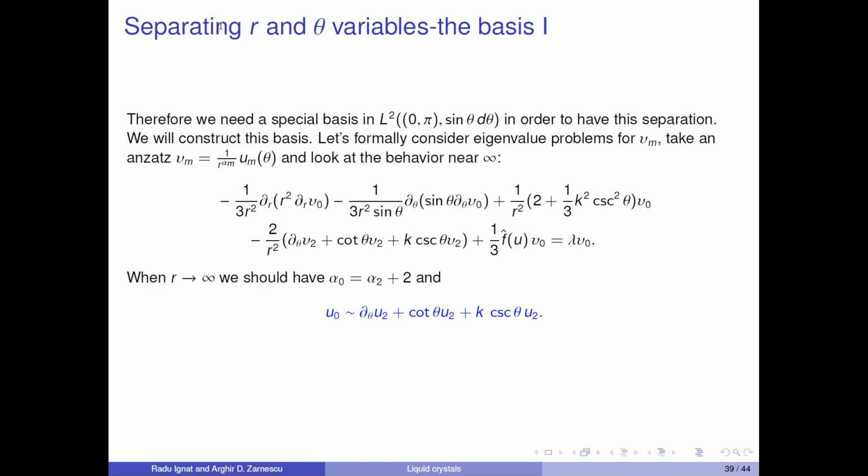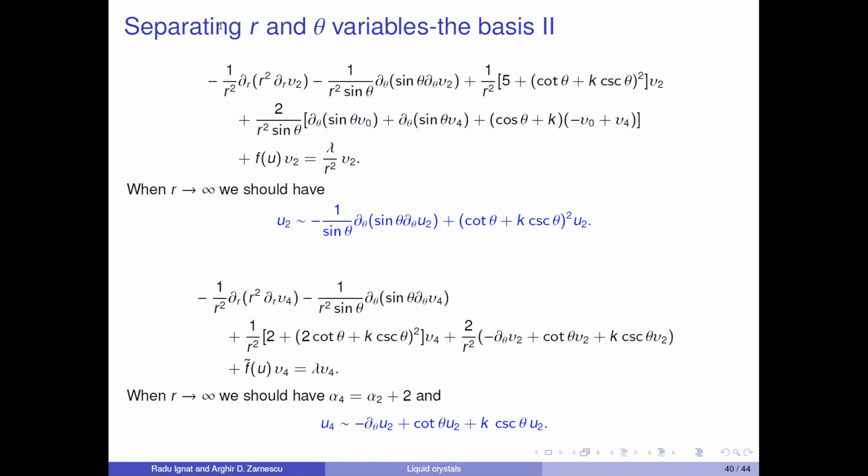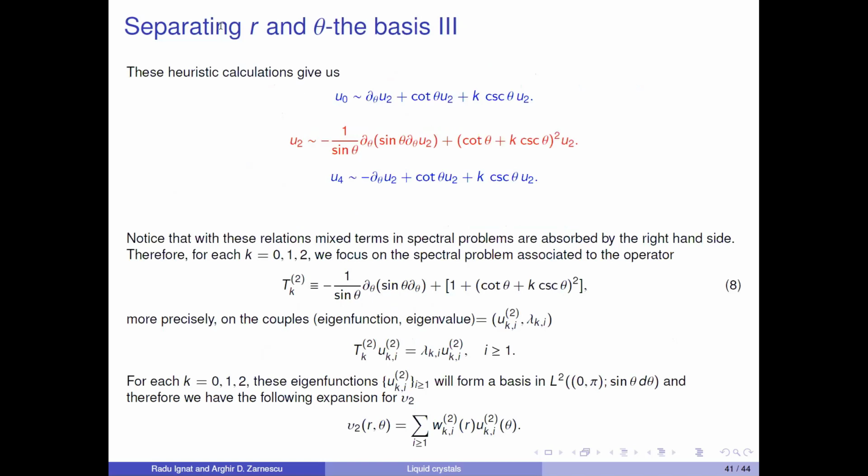Again, this is the game that I was mentioning: when you look at infinity, things are a bit better, more linear in some sense. So you look at the game at infinity and you get some eigenvalue problems, you do some formal asymptotics, and you manage to construct at the end of the day a basis that allows for some sort of decoupling. It's getting convoluted.